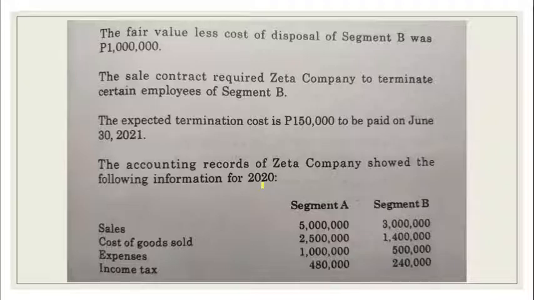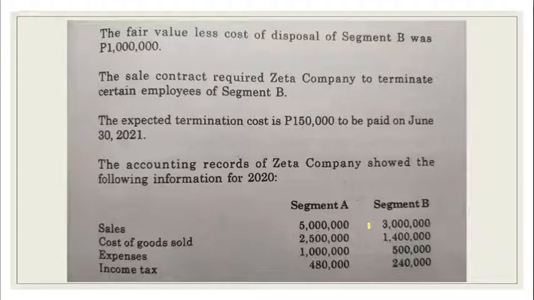You have your sales, cost of goods sold, expenses, and income tax. Now, these cover both segments, A and B. So, how will you present this in your income statement?